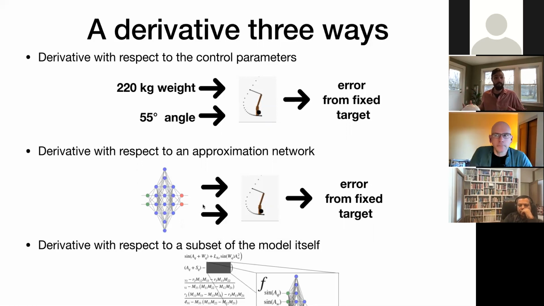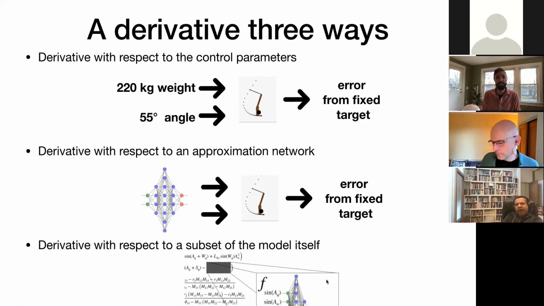Or we could potentially take the derivative with respect to a subset of the model itself, where we have some black box, right, that we're using and doing this. And it doesn't really matter where these tunable parameters live in our system. Julia is happy to do all 3 of these permutations for you, and it just kind of depends upon how you want to learn about your system.